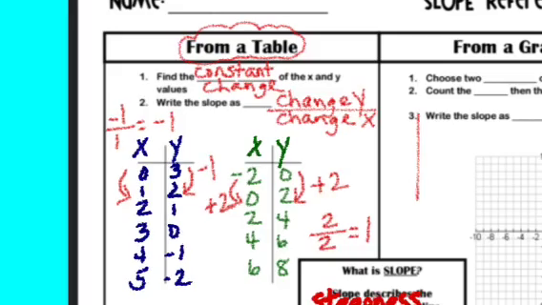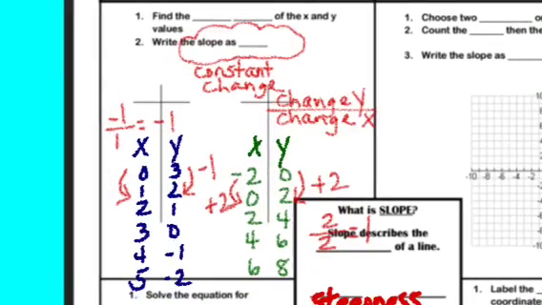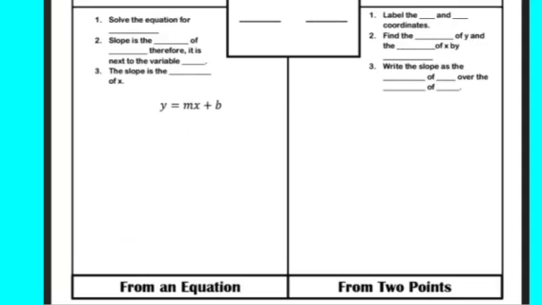Okay, now let's look at finding the slope from an equation. Here's an equation, and I think we know that the slope has been the coefficient of the x.